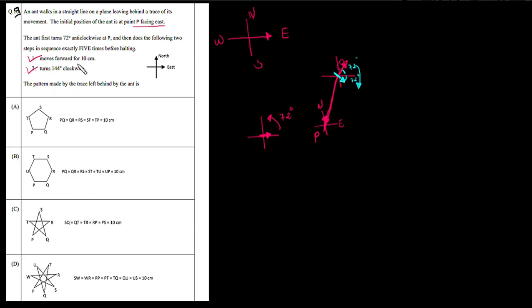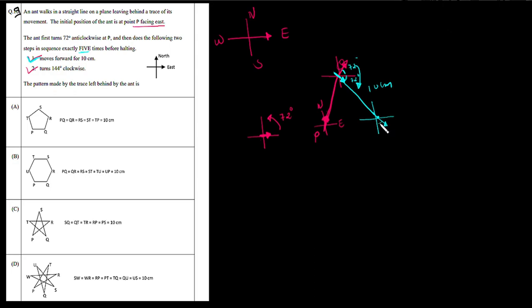Now it has to do the first operation again, because it is doing this exactly 5 times. So it has to move 10 centimeters forward again after taking the 144-degree clockwise turn. So the ant will be here, and let's draw our coordinate axis here too. The ant will be facing in this direction.